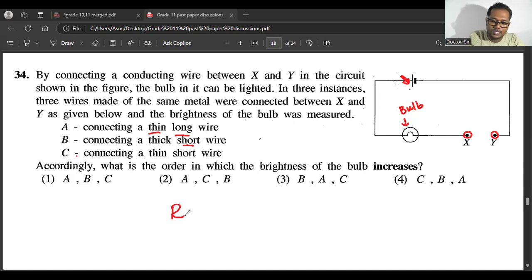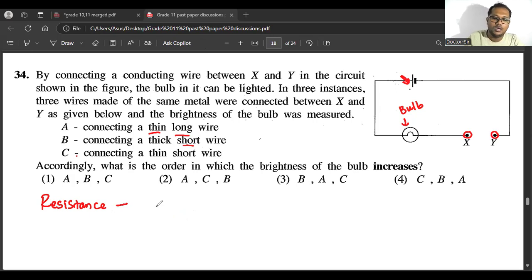How does it happen? We should think about the resistance. Resistance depends on mainly three factors. What is the metal it is made of? Then another factor: the thickness of the wire or conductor.